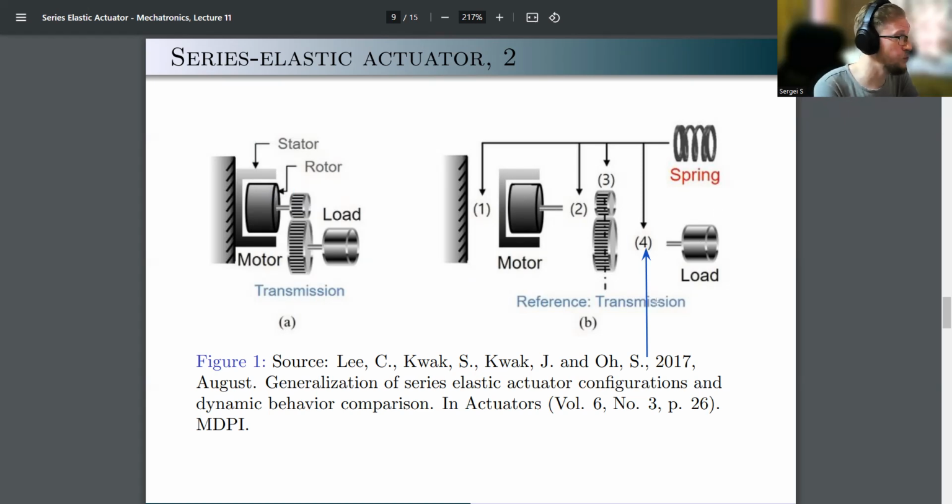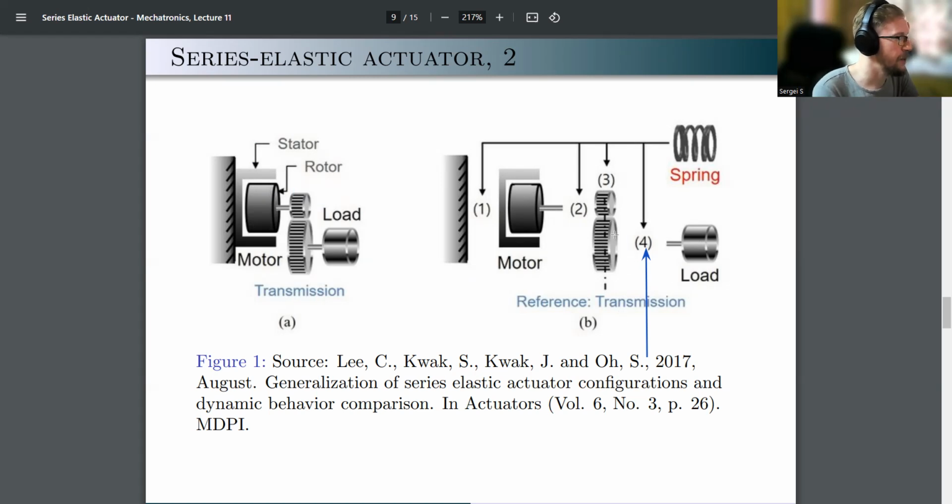Instead, we could put it right before the payload. If you imagine a motor with the shaft sticking out, right before the shaft there would be an elastic element, like a spring. By the way, it is a torsional spring, so it's not a spring that collapses like this. It's a spring that rotates. We will see it on a separate slide.